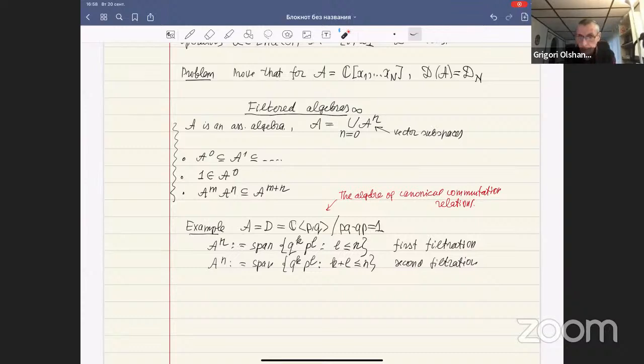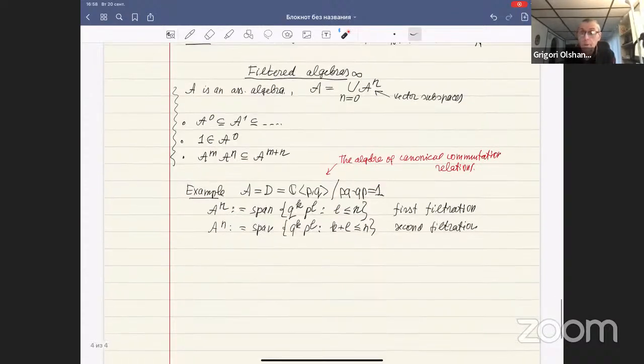Okay. So the next definition I need is graded algebras. The definition is very similar. A graded algebra is defined as follows. But instead of a nested chain of subspaces, we want a direct sum.